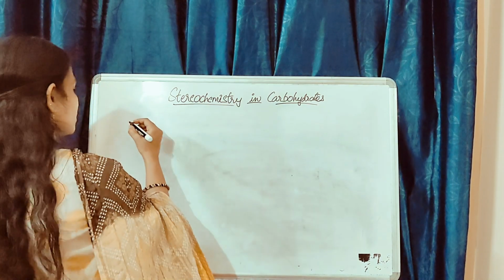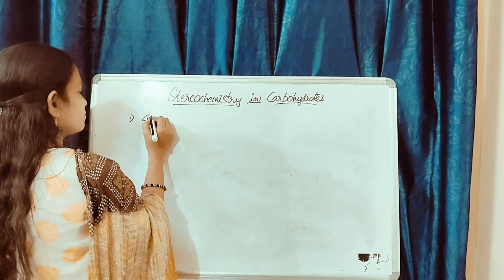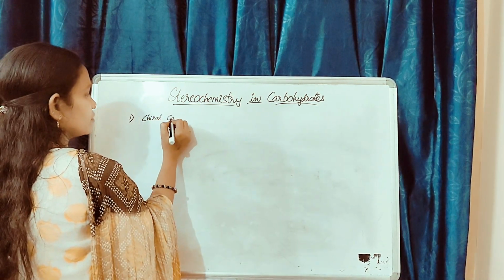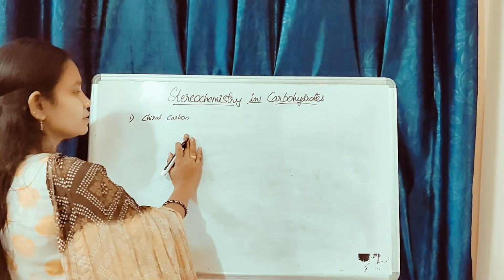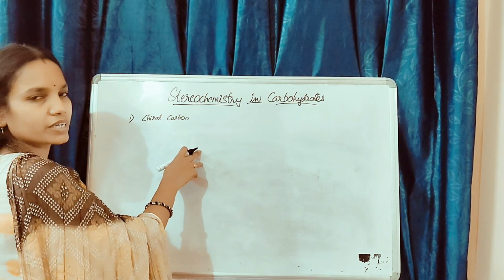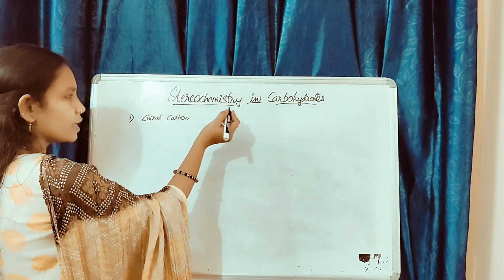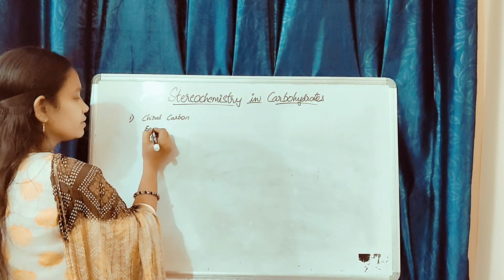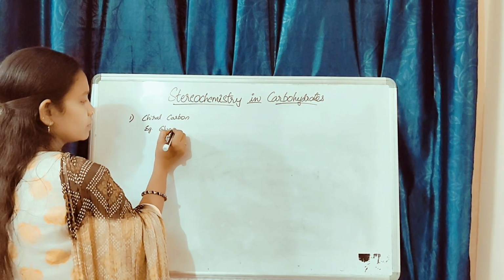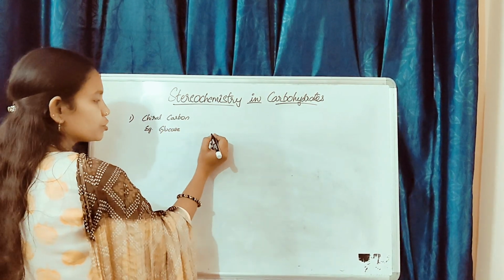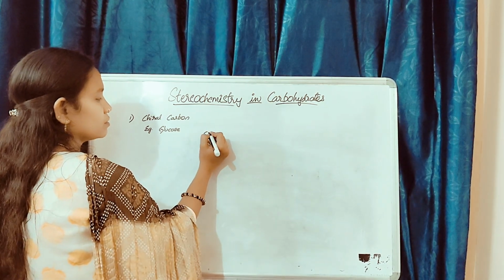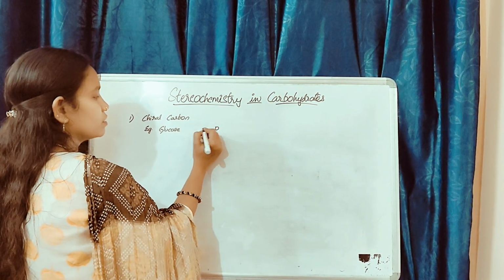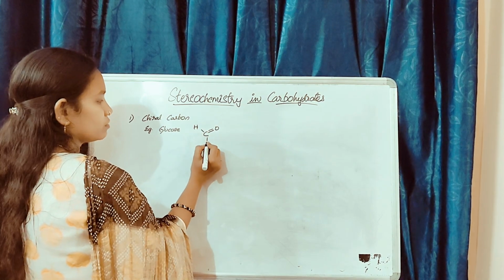First, chiral carbon. In the previous class, we have studied that chiral carbon is the one that is attached to the 4 different groups, right? Now we are taking example in carbohydrates, that is glucose. If you see the Fischer projection, means the open chain projection of glucose.